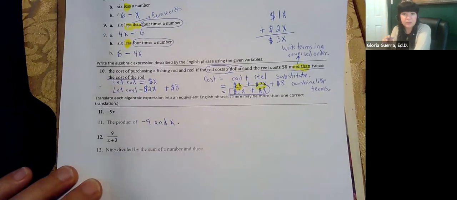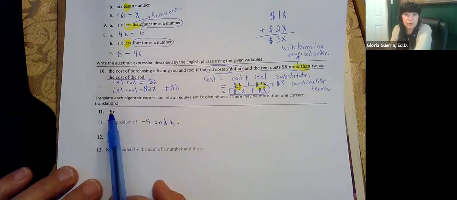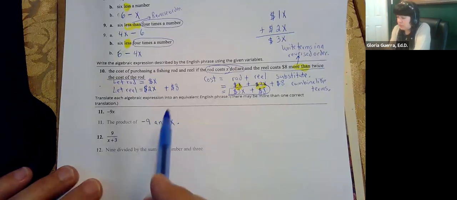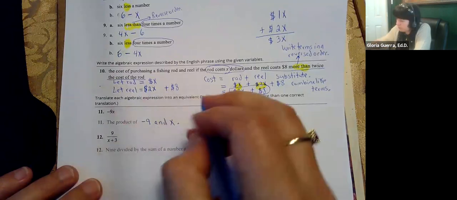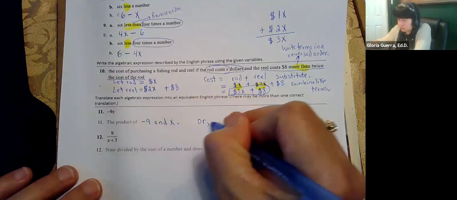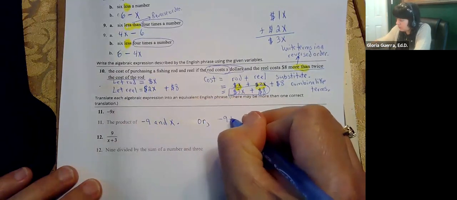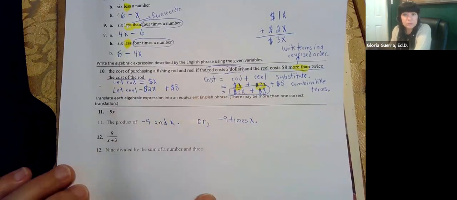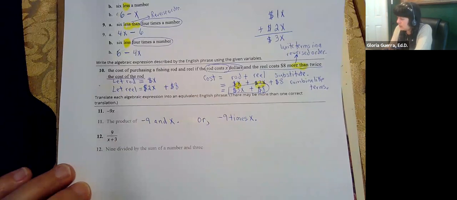I'm going to write it like that because you see negative 9 first and then you see x. It's a little awkward to say it the other way, the product of x and negative 9, but multiplication is commutative. You can change the order and get the same result. I think this looks better. Or if you wanted to say something else, you could just say negative 9 times x. That will work also.